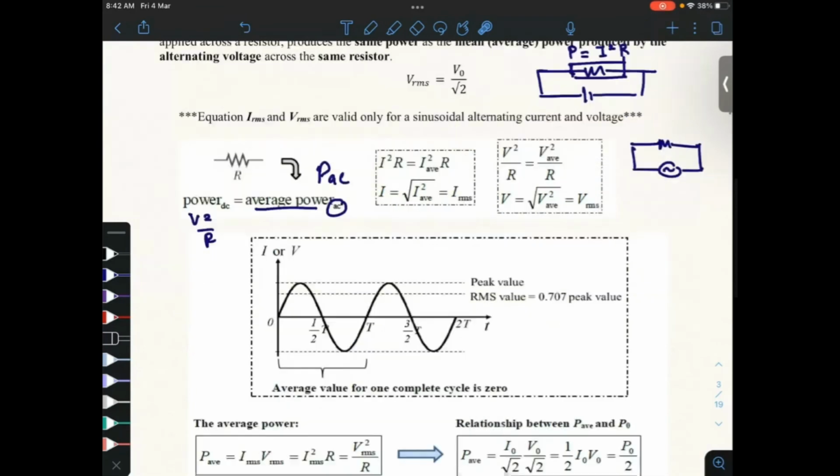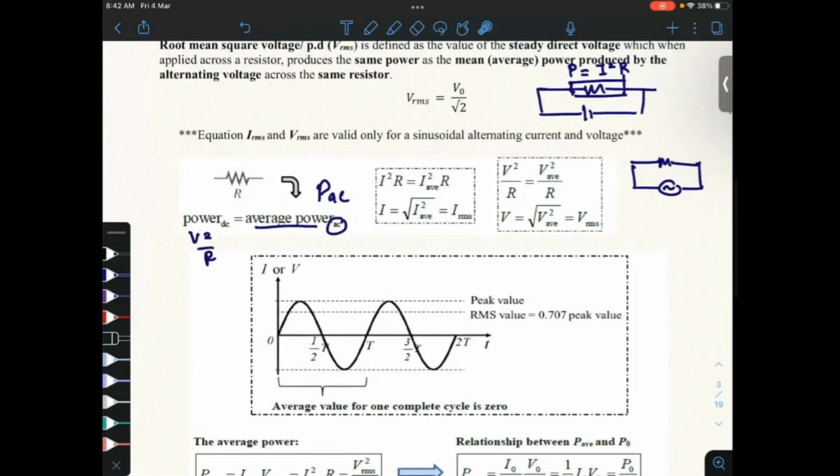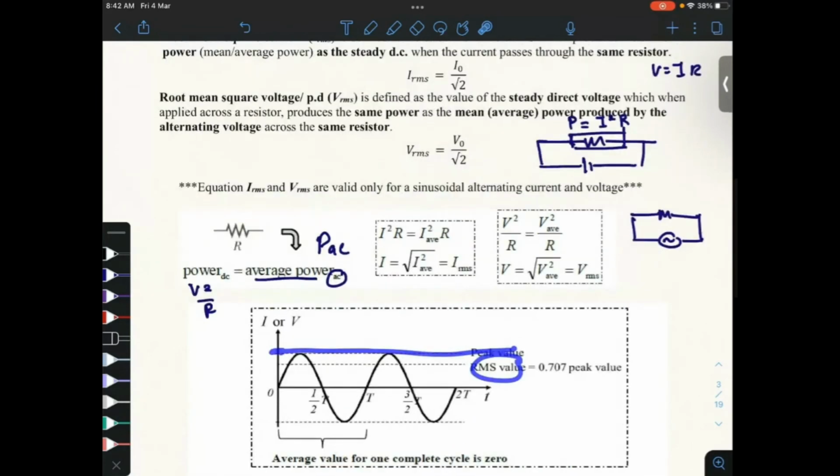So dalam bentuk graf pula, disebabkan I0 kamu dan V0 adalah paling maksimum, dia dah duduk dekat sini, this is the peak value. Your RMS value pula adalah, kalau kamu tekan calculator, 1 per set 2.